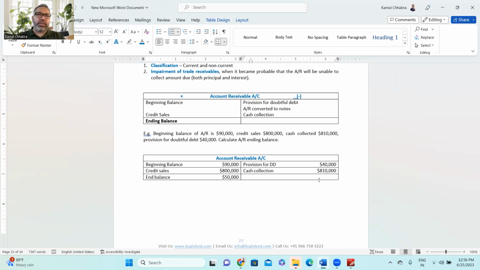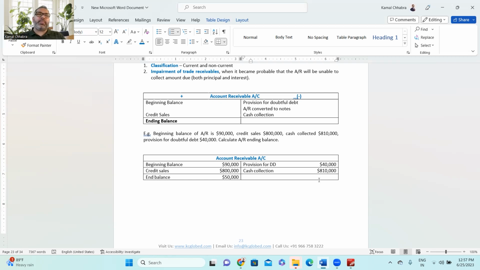And what will be reducing the balance? If there is any provision for doubtful debt. If AR is converted into notes, that means account receivable has converted into notes, so it will reduce from AR and increase in note receivable. Third is cash collected. If you have already received any cash, that also reduces the AR balance.